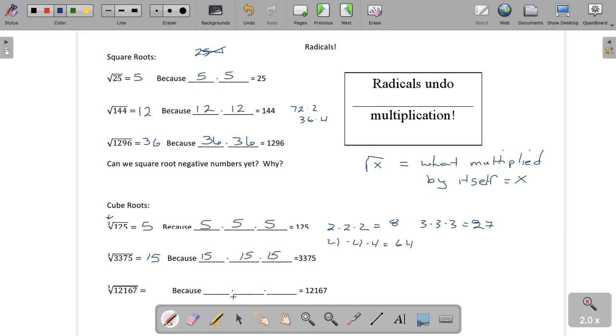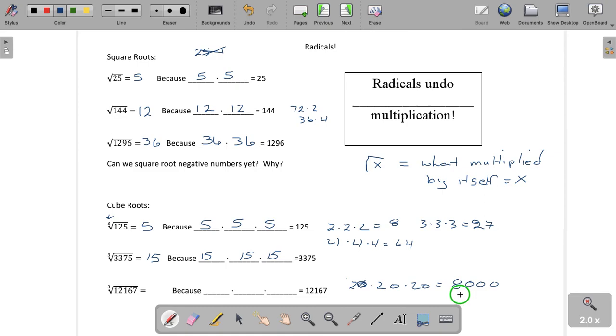Okay. 12,167. What number do I multiply by itself 3 times to get to 12,167? Okay. Well, it turns out that if I took 20 times 20 times 20, that answer would be an 8 with 3 zeros. So that's 8,000. I want to get to 12,000.